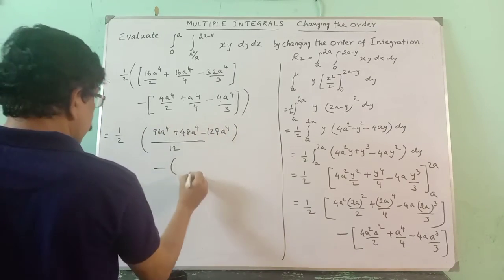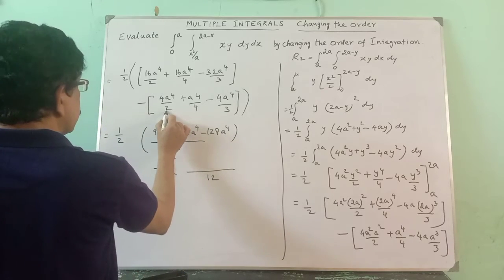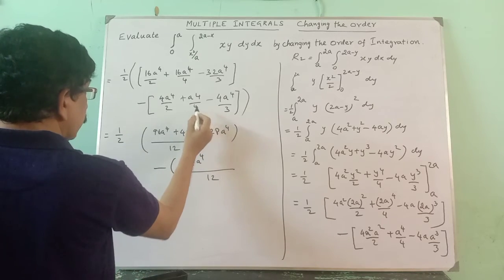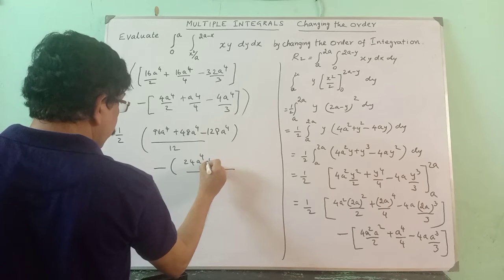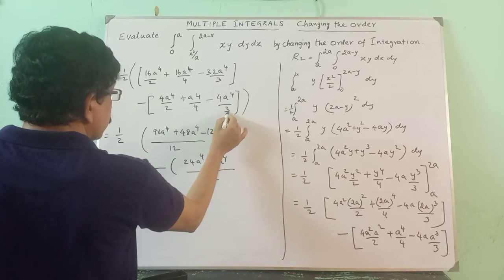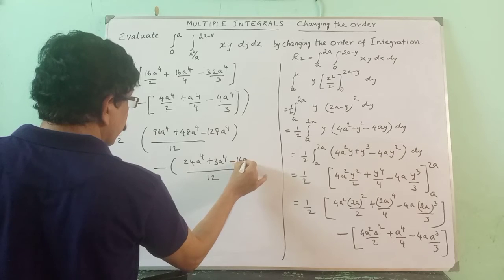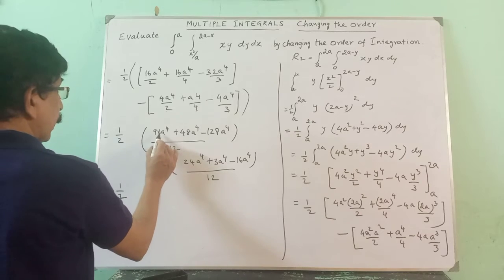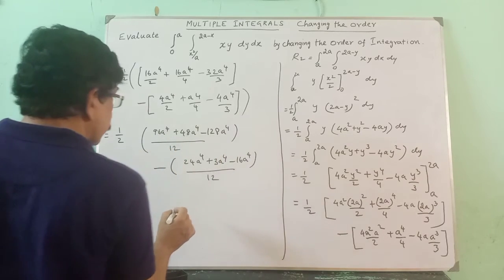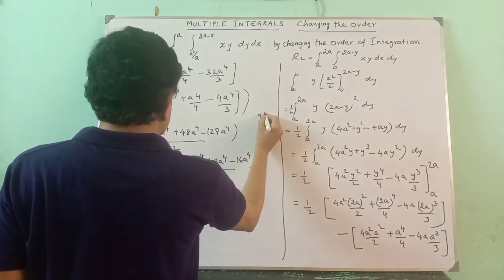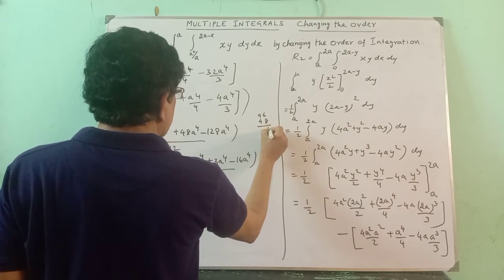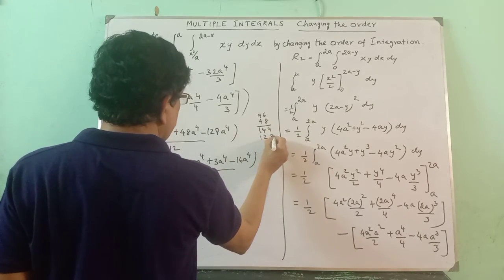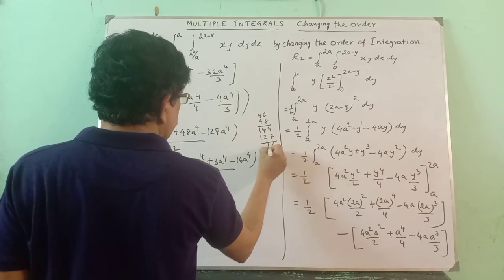Minus lower limit: 12 common LCM, 6 times 4 is 24, 24 a power 4, 3 times 4 is 12, 3 a power 4, 4 3s are 12, 16 a power 4. 96 plus 48 minus 128: 96 plus 48 is 144, 144 minus 128 is 16.